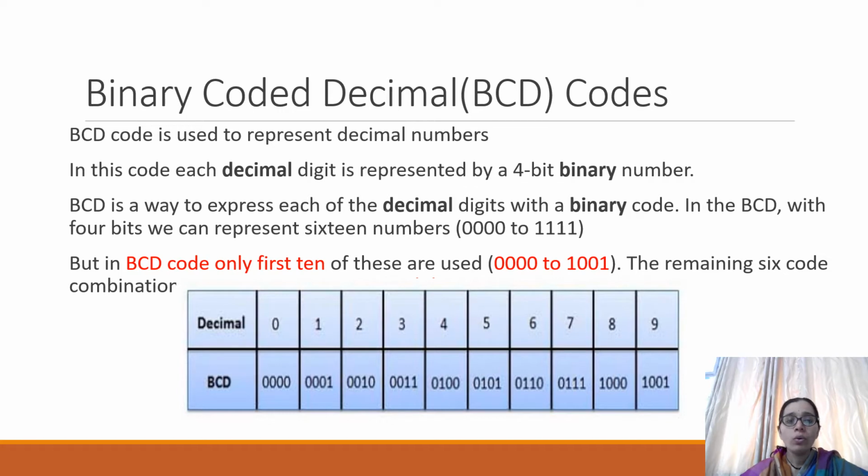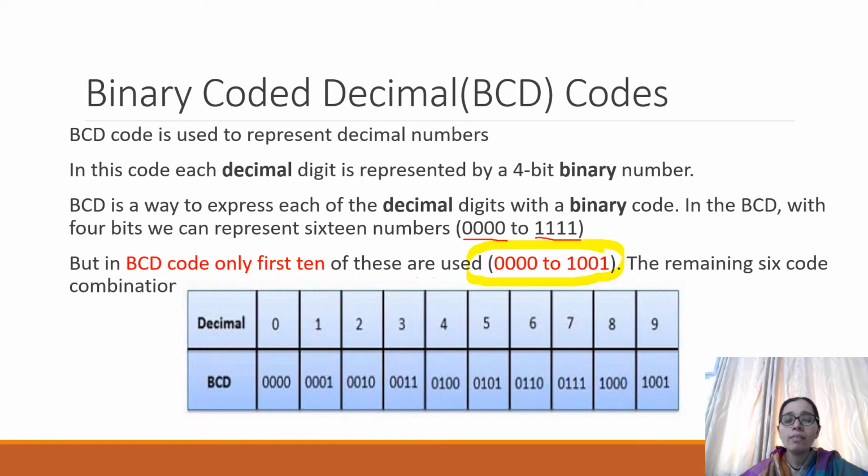With 4 bits we can represent 16 numbers, that is from 0000 to 1111 maximum. But a very important point about the BCD code is that it takes only the first 10 of these. That is, in BCD code, the valid numbers are from 0000 to 1001.